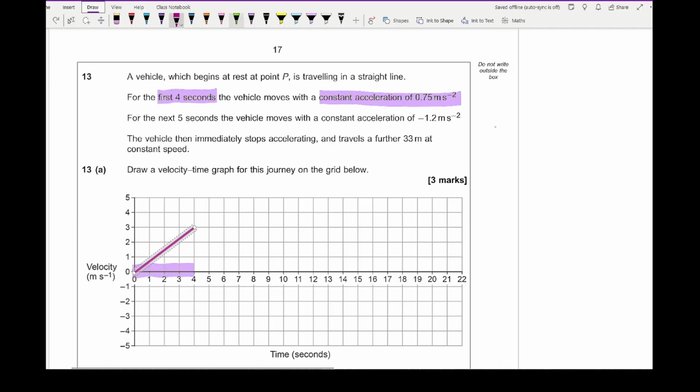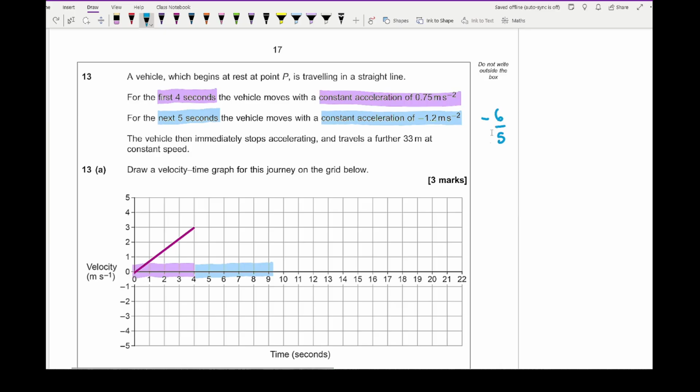For the next part then, we have the next 5 seconds, so that would take us up to 9 seconds. We've got a constant acceleration, so straight line again, and this time it's negative 1.2. Now negative 1.2 is the same as negative 6/5, so for the next 5 seconds, the velocity is going to decrease by 6.